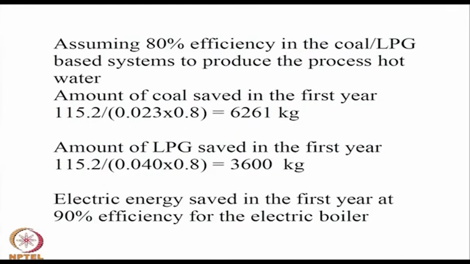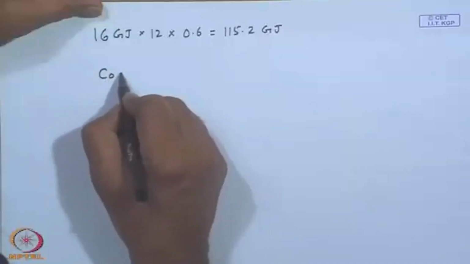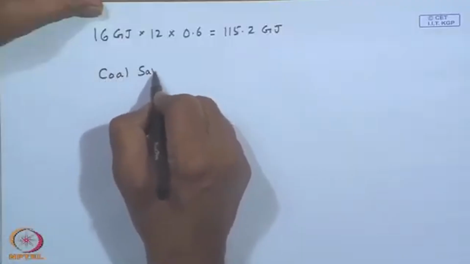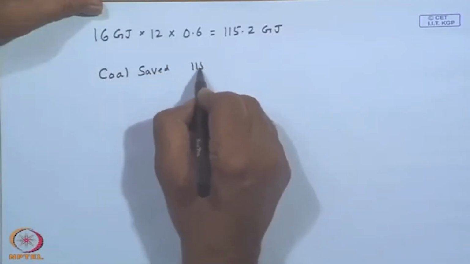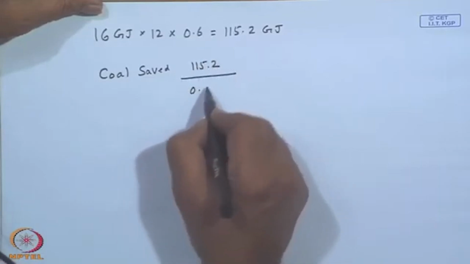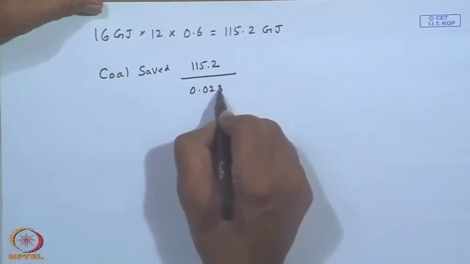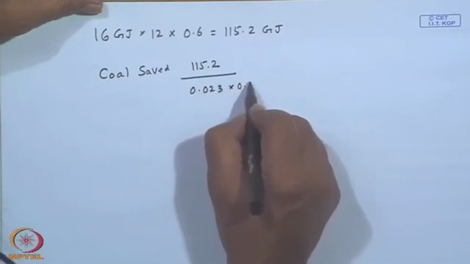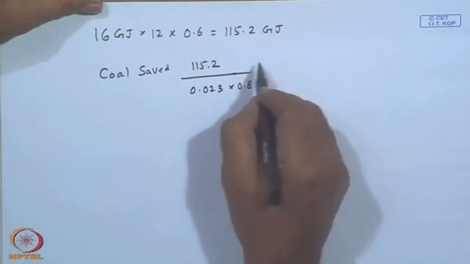And if you assume a 80% efficiency for both LPG and coal based system, coal saved is 115.2 by the calorific value in gigajoules 0.023 into the efficiency, which is 80%.